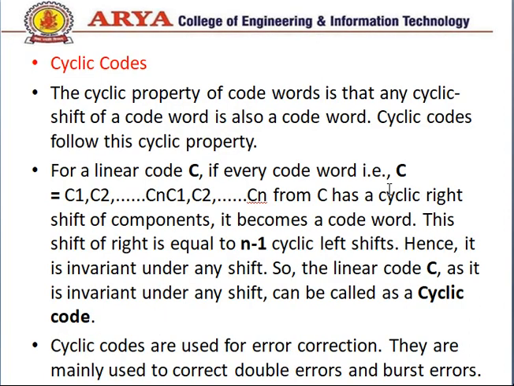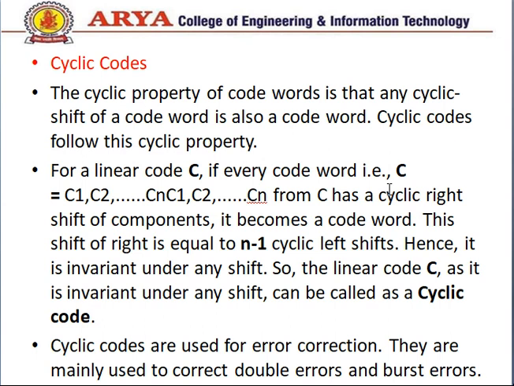Cyclic codes. The cyclic property of code words is that any cyclic shift of a code word is also a code word. Cyclic codes follow this cyclic property. For a linear code C, if every code word C = (C1, C2, ..., Cn) from C has a cyclic right shift of components, it becomes a code word.